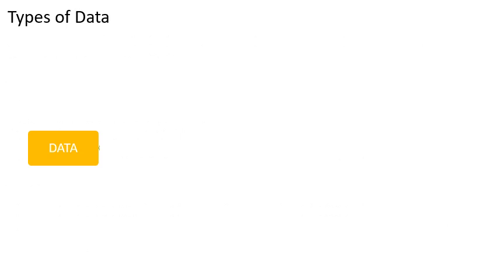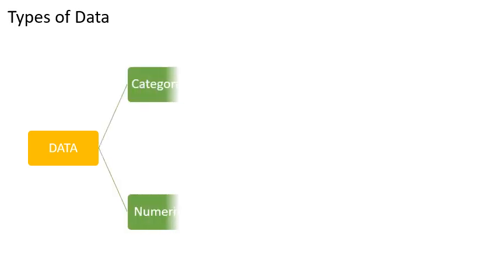Alright, so first we're going to look at different types of data. But first, what is data? So data is a collection of responses to any particular question that you might be interested in investigating. And it's divided into two major types.